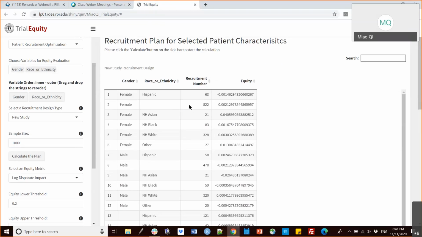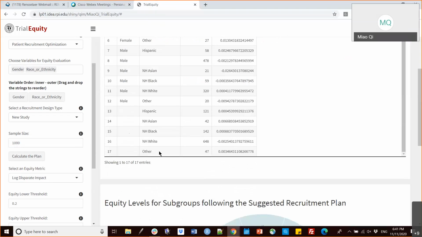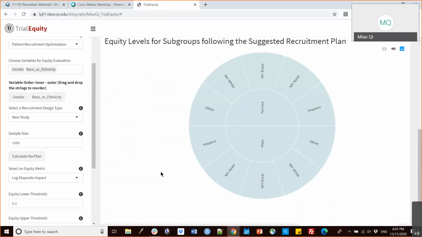So this is one constraint of our optimization problem. And then if you don't want to look at the numbers here, I will also show you the figure here. So when you look at this, it's very clear that all the subgroups are equitably represented.